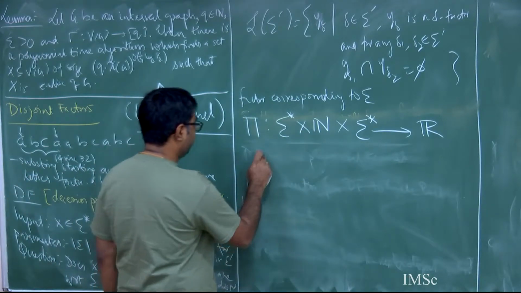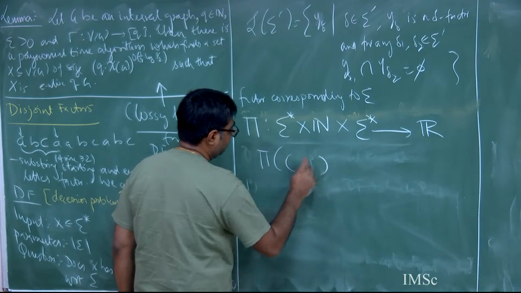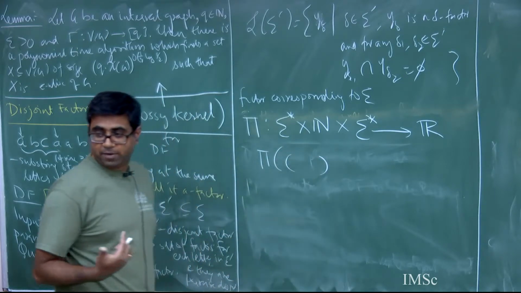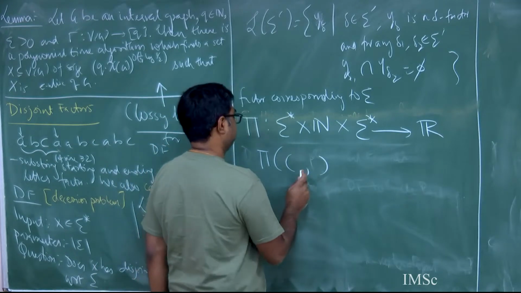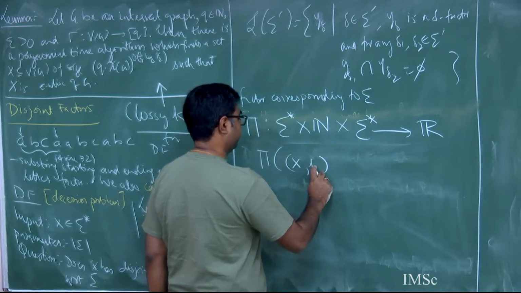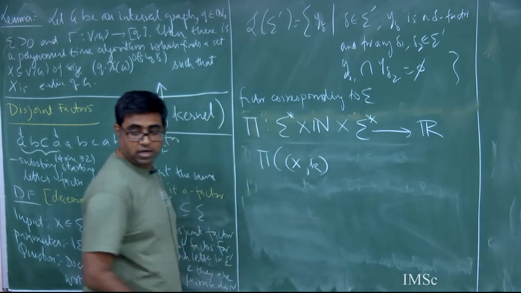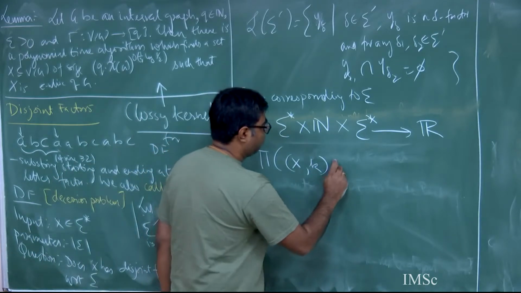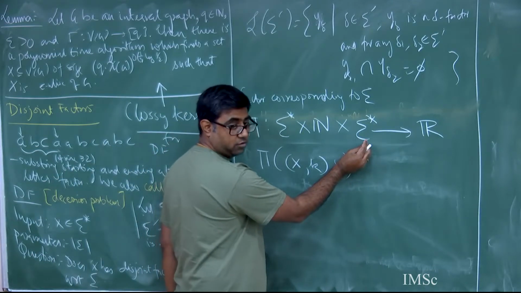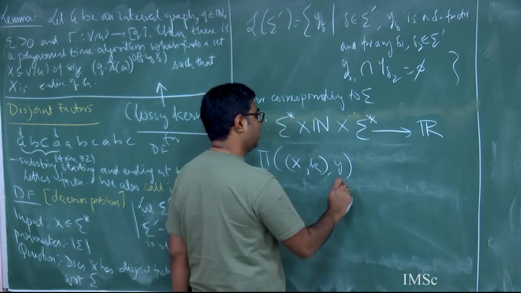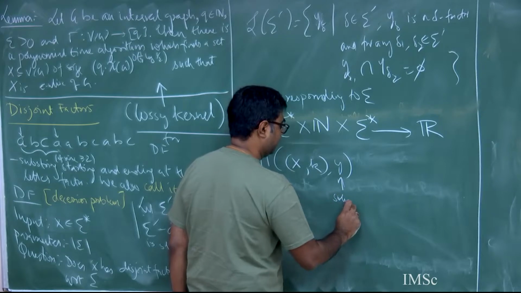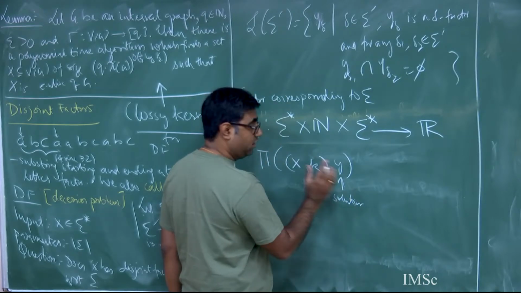It was that pi's first two arguments form a tuple, a parameterized complexity tuple, okay. So for example, x and k, the input and a parameter, and what was y? Y was a certificate, or think of it as a solution, right? So what does pi map to?